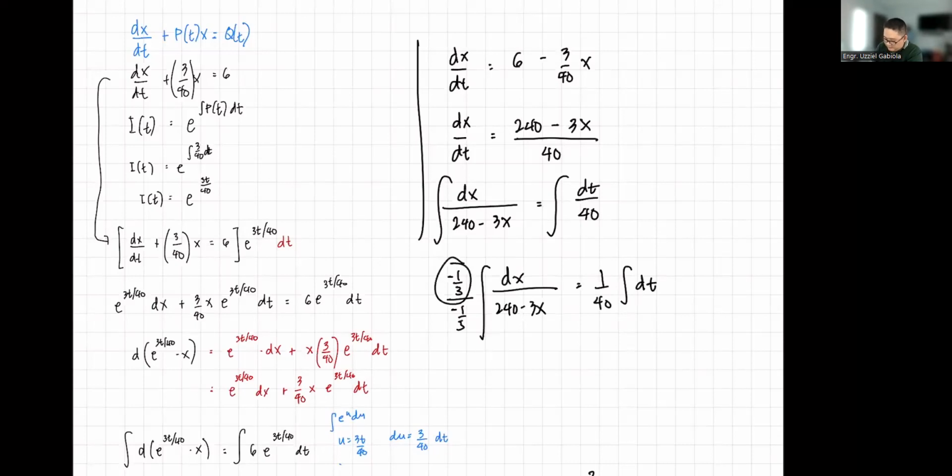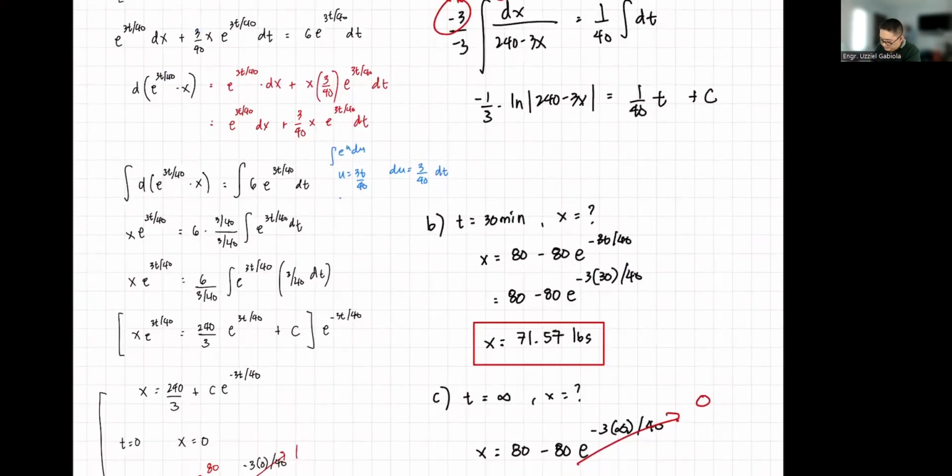Sorry, it's 3, not 1/3; my mind was ahead. The integral of du over u is ln. So ln of 240 minus 3x equals 1 over 40 t plus c.